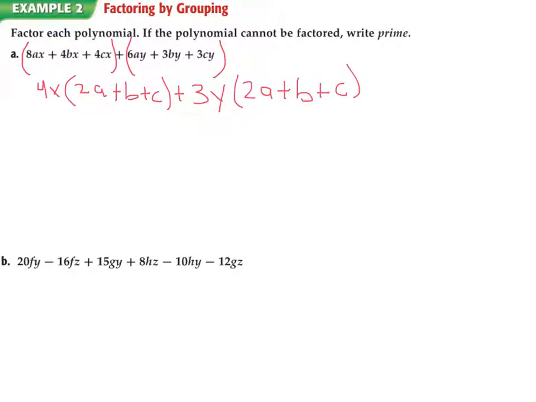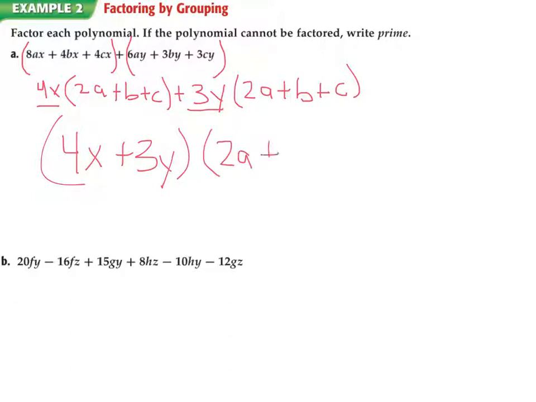Here we can see that the two pieces that we're left with on the inside after we take the GCF out are the same. So we can write our two factors, one made up of our two GCFs, so we have 4x plus 3y as one factor. And then as the second factor, we have those two pieces that are common, so 2a plus b plus c.